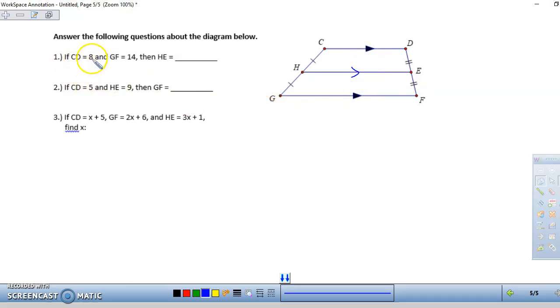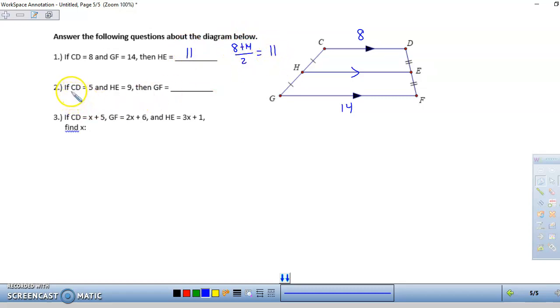So if CD is equal to 8 and GF is equal to 14, then HE, you simply average these, and that's going to be, excuse me, what is that, 13? No, sorry, 11. So HE is going to be equal to 11. So here you get 22 divided by 2, which is 11.